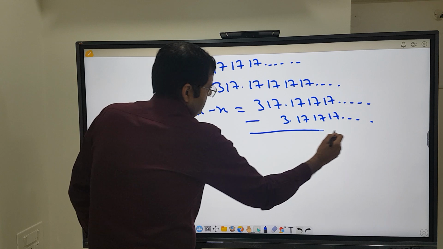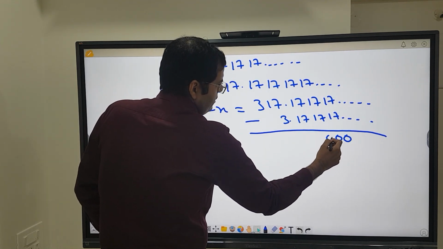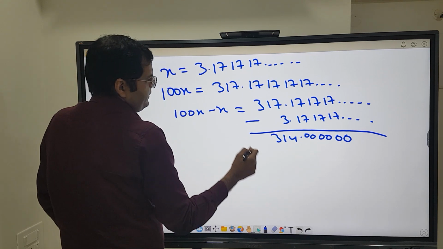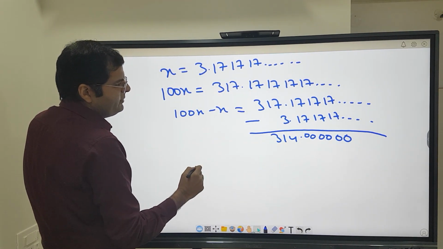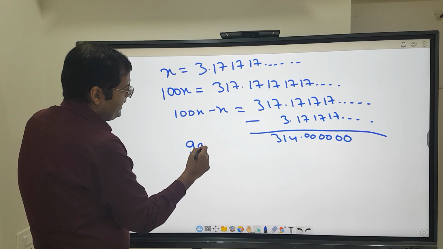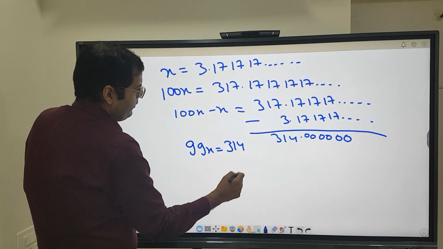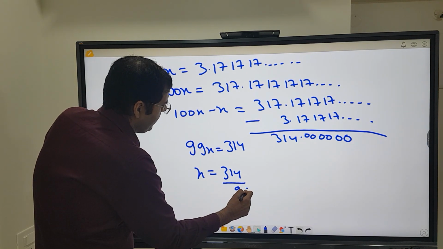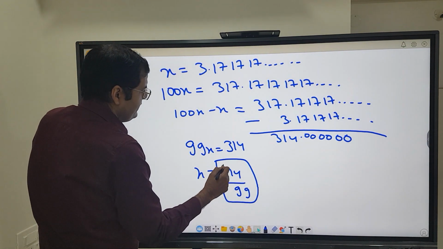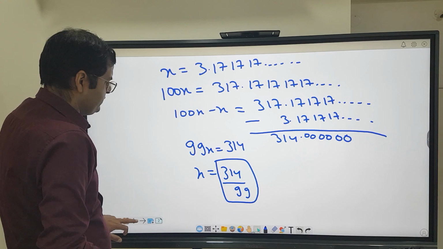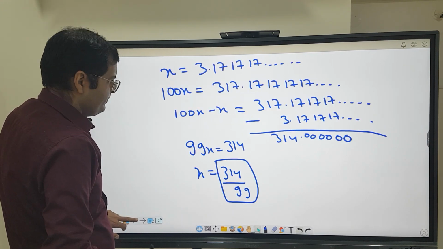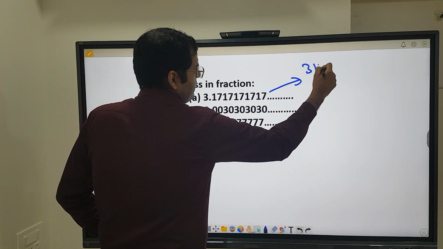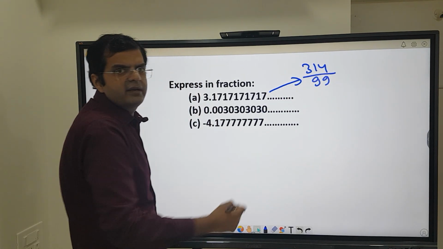All the digits after the decimal come to 0, and over here it will be 314. So 100x minus x comes out to be 314. So I get 99x as 314, so x will be equal to 314 upon 99. That is the answer for the first part. So A is 314 divided by 99.